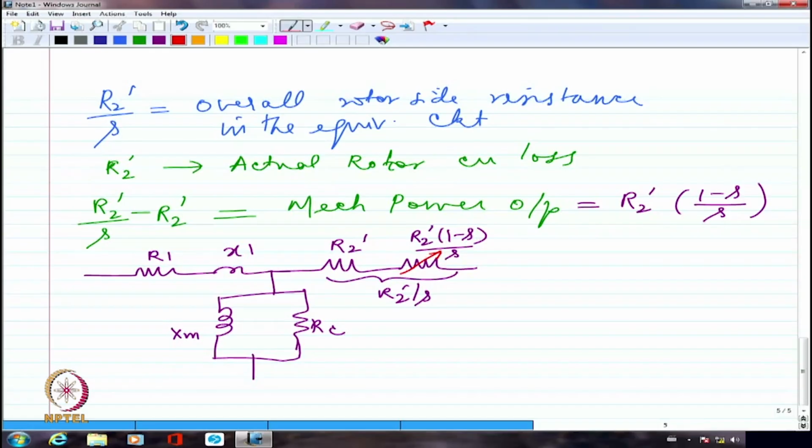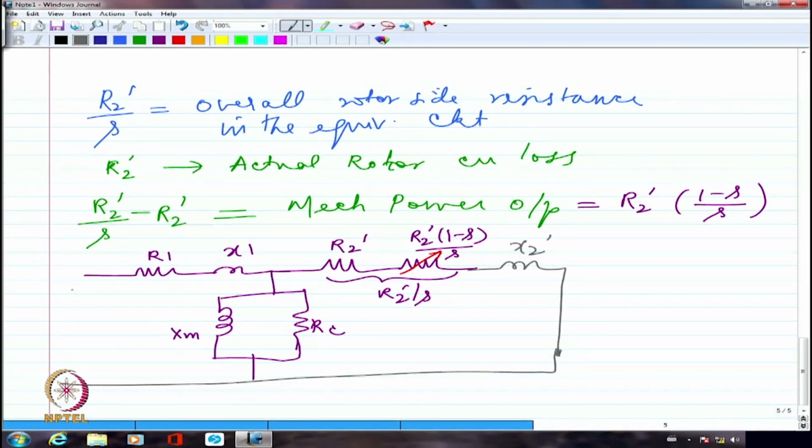So now I will have, of course, X2 dash. This will be X2 dash, and then I am going to complete the circuit here. And this is V1 per phase.